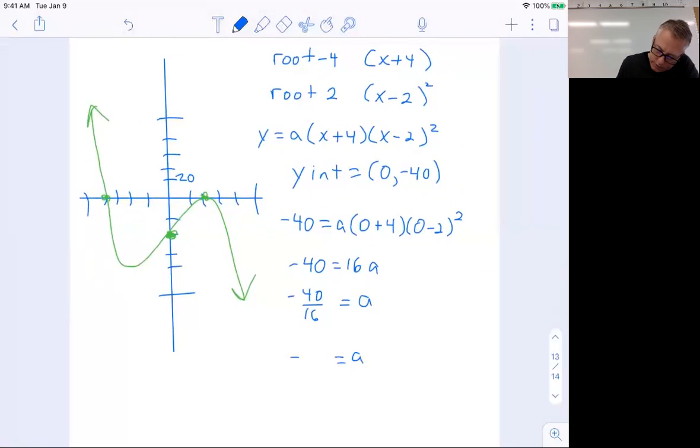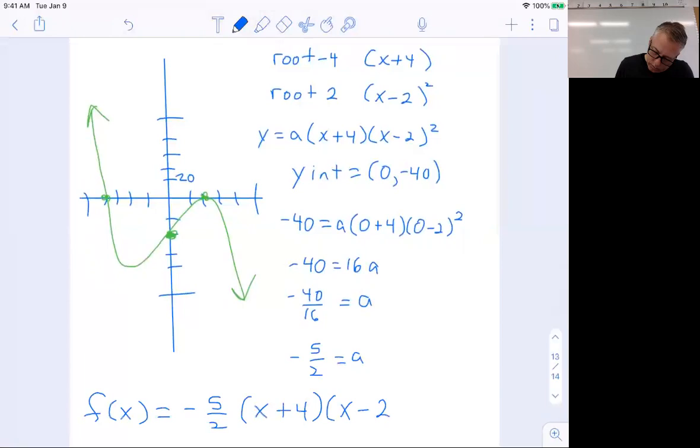So that looks like -5 halves for my a value. And now I'm ready to write my function. F of x is equal to our a value of -5 halves times quantity x plus 4 times quantity x minus 2 squared.